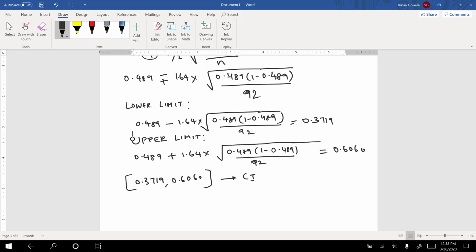So what it means is around 37.19 to 60.60% of the people in Killeen will like the color red.